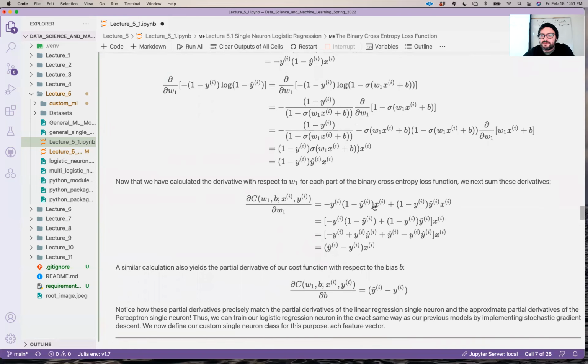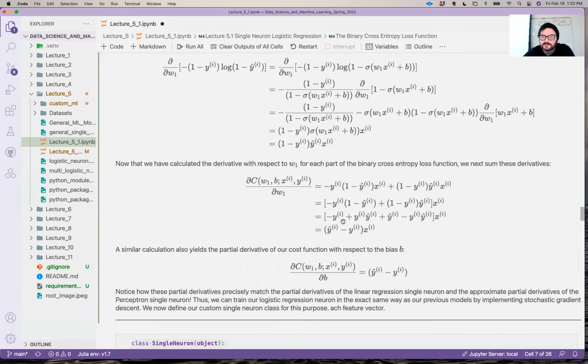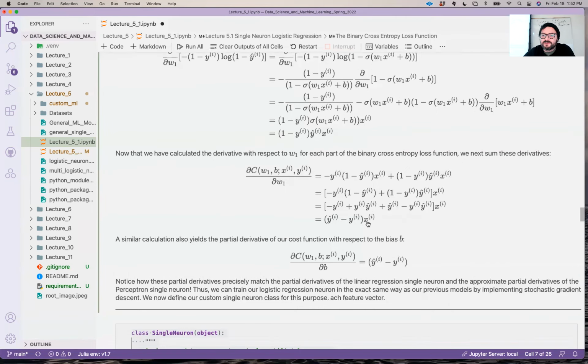I factor out the x value, collect my like terms, and distribute in. But then notice when I do that, I have negative y times y hat plus y times y hat right there. Those go to 0. So we're just left with y hat minus y times x.